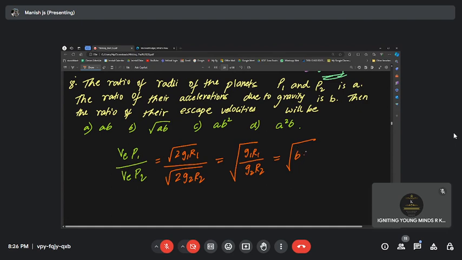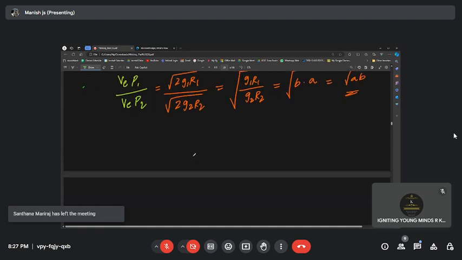The radii ratios are also being given, which is a, b times a. So what's your answer? It is under root ab. Okay, so the answer is under root ab. So option B is right. Is that clear? This was an easy one. Okay, so based on the given data, we have substituted and then we have simplified. Simple. So that's how you do this question. Let's move on to the next one.